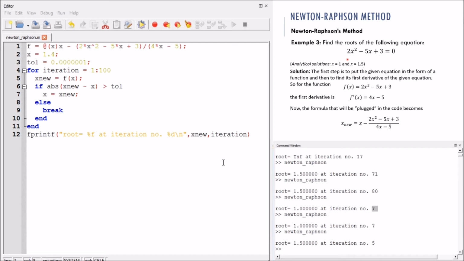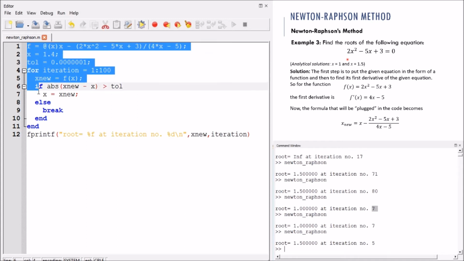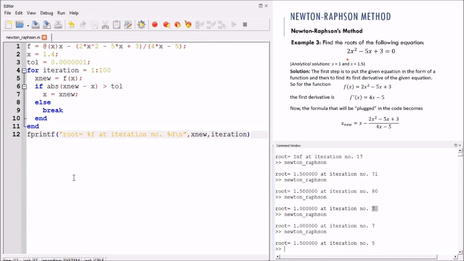So simply, this is the code of the Newton-Raphson method. Maybe the simplest code, because you can make some enhancements if you like, like some messages if there's no convergence, or if the solution is not obtained. But generally, this is the simplest form of the code of Newton-Raphson method.